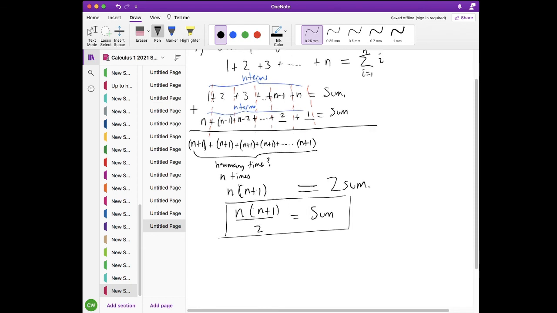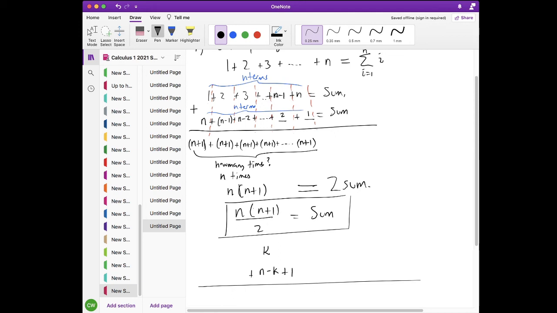Okay, so if you're curious, if you look at the random kth component in this sum here, what you're going to be adding is n minus k plus 1.